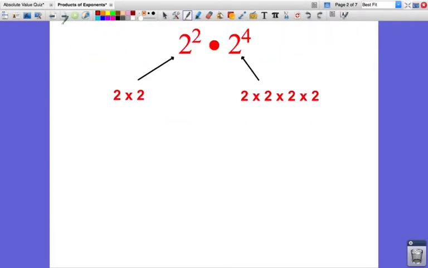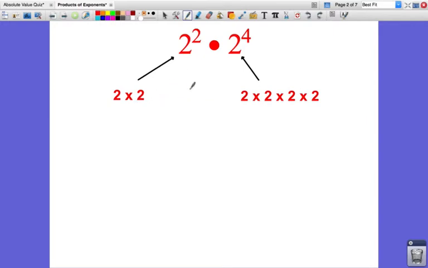What we're going to do is look at exponent problems like this, where I have a base raised to the power of something times another base raised to the power of something. So I have 2 squared times 2 to the 4th power. If we expand this out, 2 squared is just 2 times 2, which is 4. 2 to the 4th power is 2 times 2 times 2 times 2, so I have four 2's here.